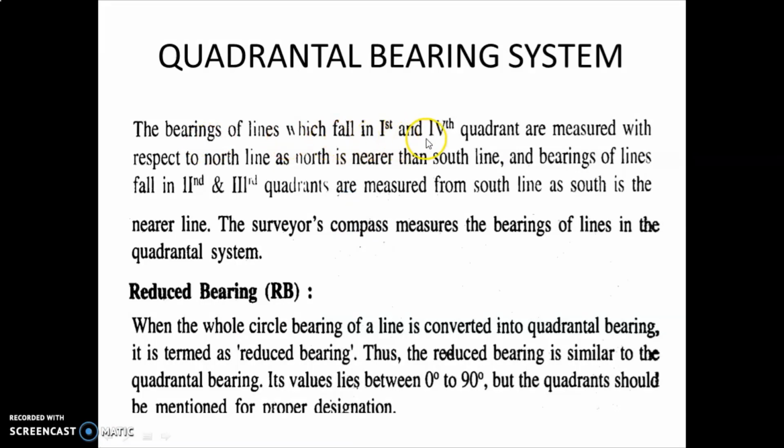The bearing of a line which falls in the first and fourth quadrants is measured with respect to the north line, as north is nearer than the south line, and the bearing of a line falling in the second and third quadrants is measured from the south line, as south is the nearer line. The surveyor compass measures the bearing of lines in the quadrantal system. As I told you, the prismatic compass always follows the whole circle bearing system, and the surveyor compass always follows the quadrantal system.